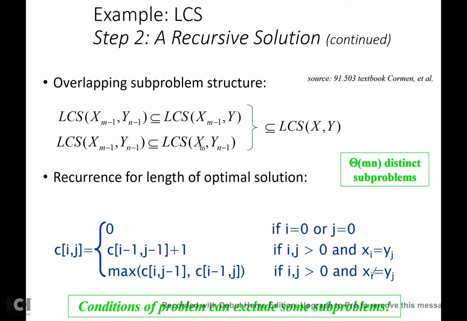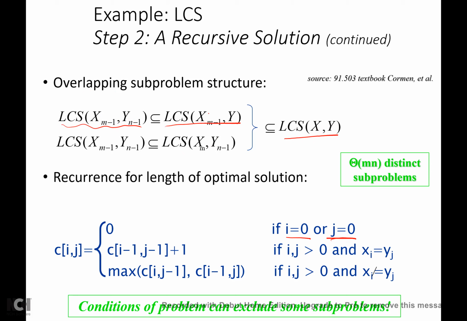And such that we can write the recursive function. When i equal to 0 or j equal to 0, let's see here, when we find the overlapping subsequence, because when we have to calculate the longest common subsequence of x and y, we have to check the subsequence of xm minus 1, yn minus 1, right?